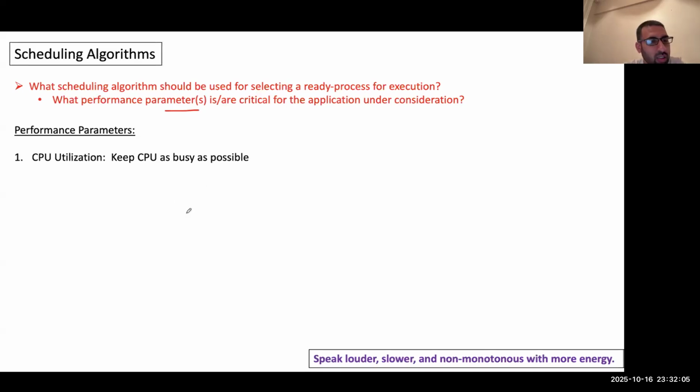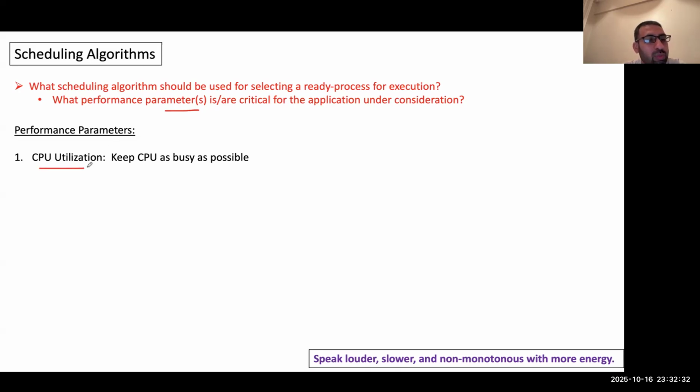Okay, so what are the different performance parameters? We said there are different algorithms, let's say A, B, C, D, and E, and you want to compare or evaluate them against each other. So you need some evaluation or performance parameters for measuring the performance of those algorithms.